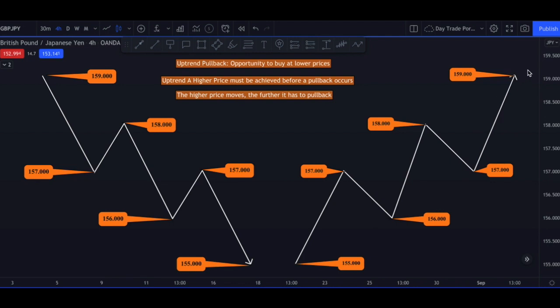Okay. And so then when price goes up to 159, the pullback, we're hoping that price can pull back but stay above 157s. So in order for a higher price to be achieved, you guys, it has to pull back. Okay, but I want you guys to remember this: the higher price moves up, the further it has to pull back.